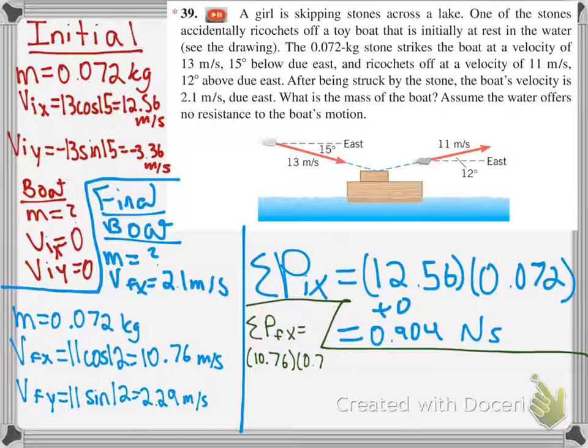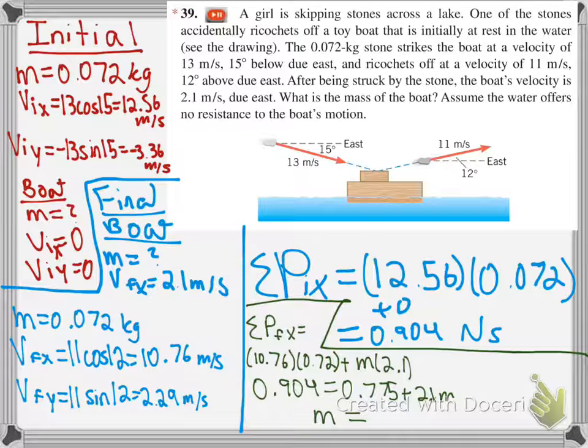Now times 0.072, because that's how much the rock weighs, plus the mass of the boat, times 2.1 meters per second, and of course we know that it's going to equal 0.904. So we just solve for m, and we see that the boat is going to weigh 0.06 kilograms.